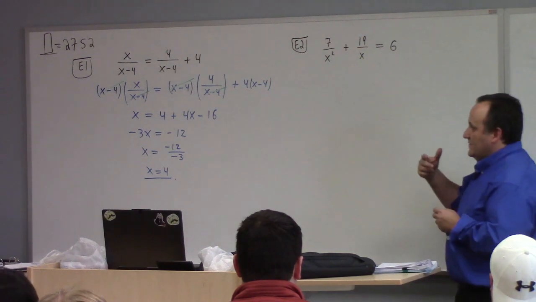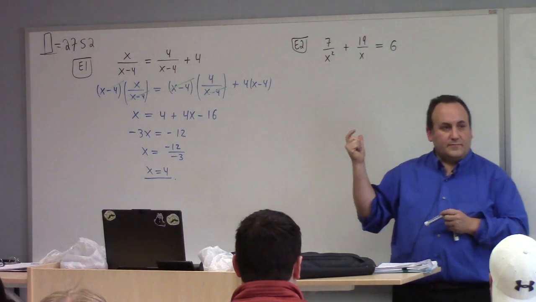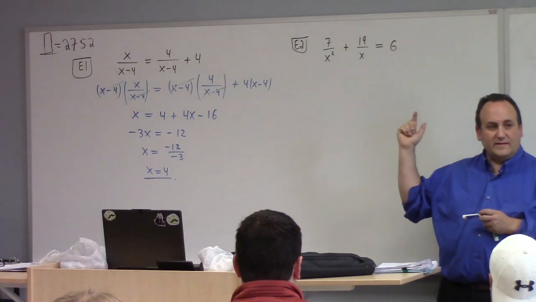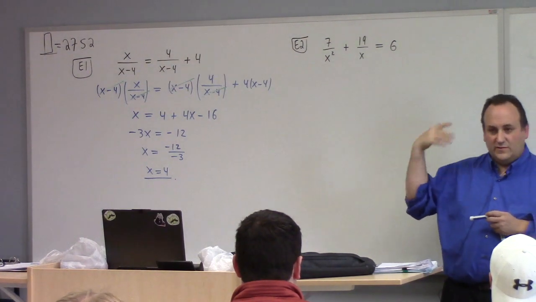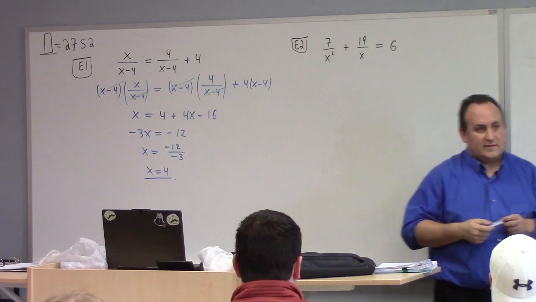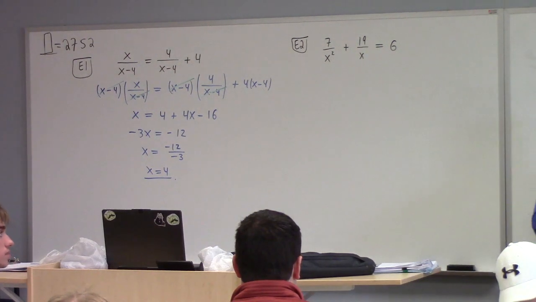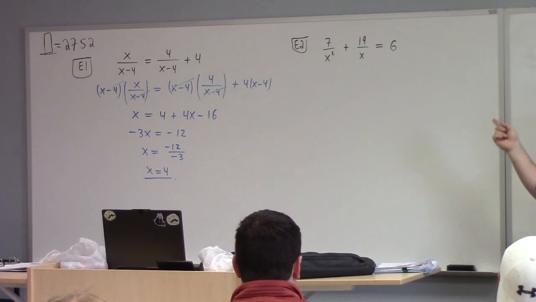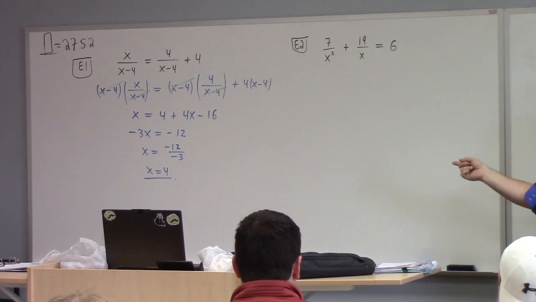And that one case is when x is equal to 4, right? When x is equal to 4, we're multiplying the equation by 0, which means you're destroying all the information in the equation, basically. Anyway, long story short, we have to check our answers and make sure that they make sense for the original problem.